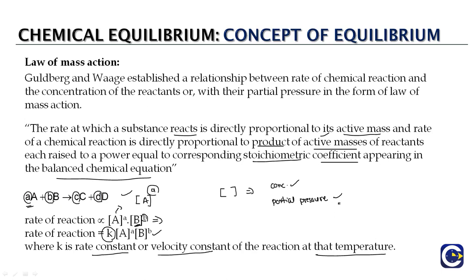The law of mass action basically relates how the rate of a reaction is linked to the active masses of the reactants. When we say active masses, we may be referring to the concentration or to the partial pressures.